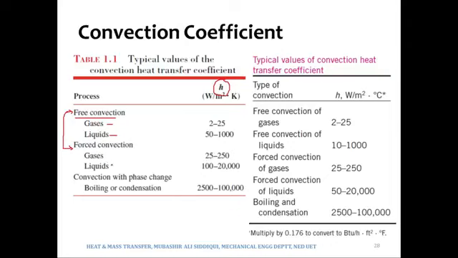And if we compare liquids over here, in case of free convection, liquids have an h between 50 and 1000, whereas in case of forced convection, liquids have an h between 100 and 20,000. It means that if we compare the liquids, the liquids would be able to convect away more energy in the case of forced convection than in the case of free convection.